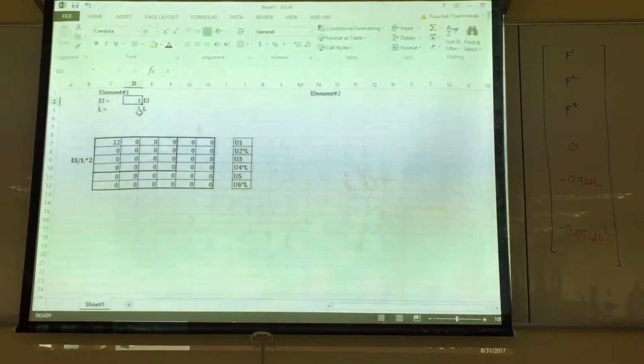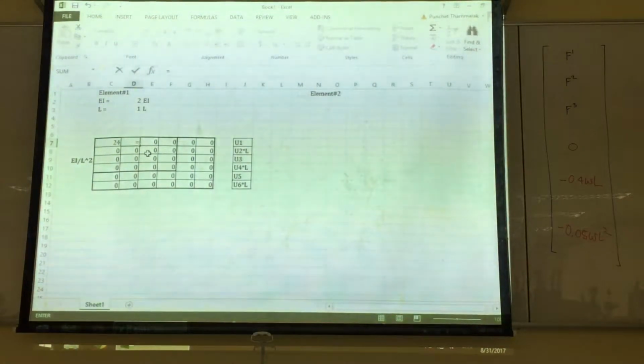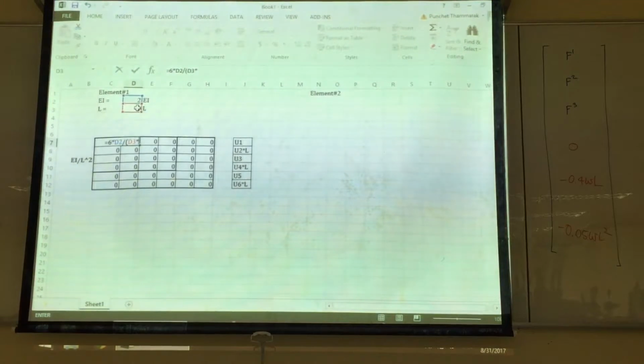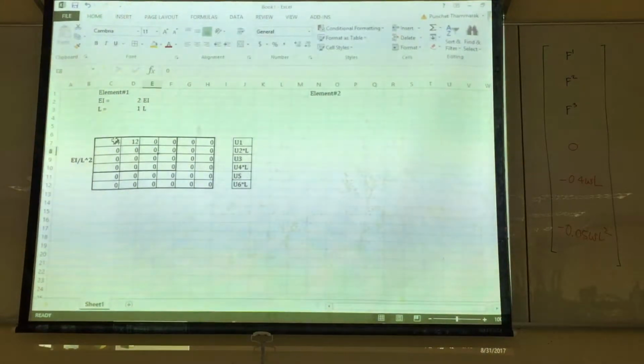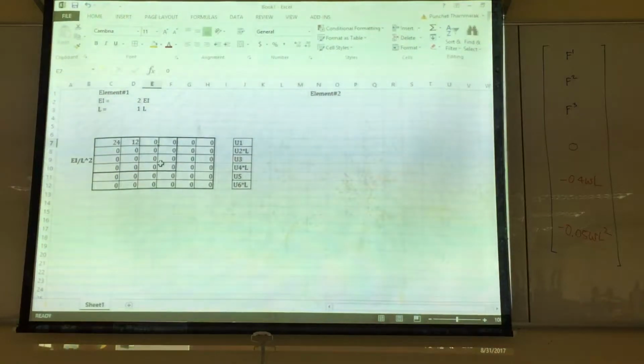Oh, you have 2 EI in here. Okay. Alright. Likewise, equals to 6 times EI over L square. That one L cube. Okay, looks good.